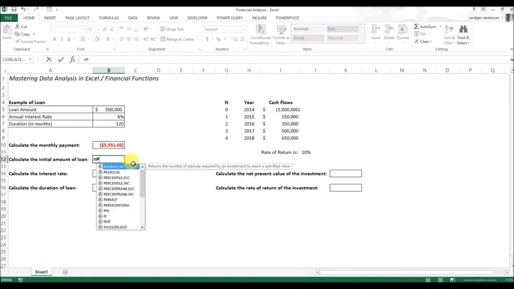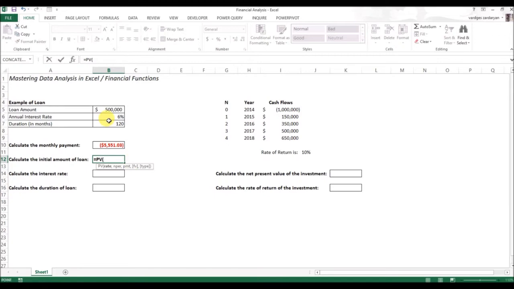Let's write PV, open the bracket, select rate, again divide by 12, duration, number of months, and payment. Here we have our payment. Close bracket, and we got the same amount as here.